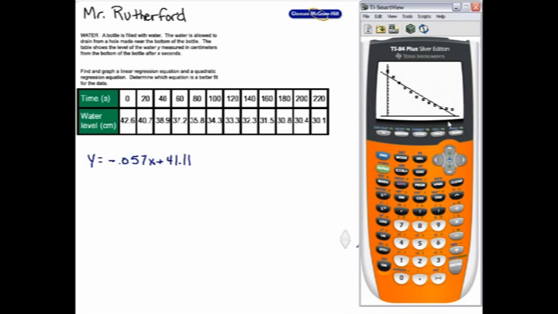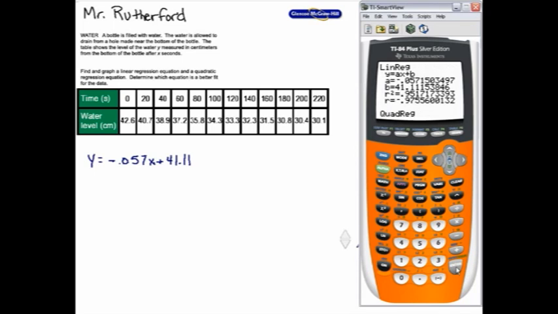So let's go ahead and take a look at the quadratic regression equation and see how it compares with the linear regression equation. So what we'll do here is we'll go to the y equals, we'll clear that out. I'll come to the stat button again, come over to calculate, and number 5 is the quadratic regression.